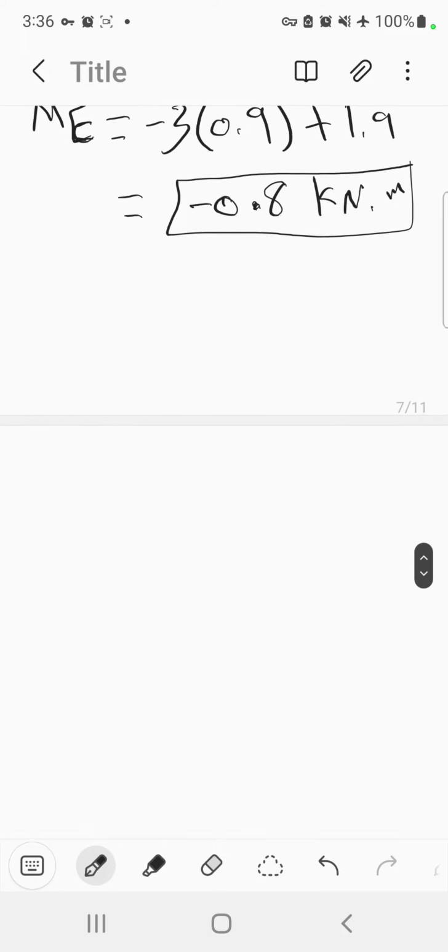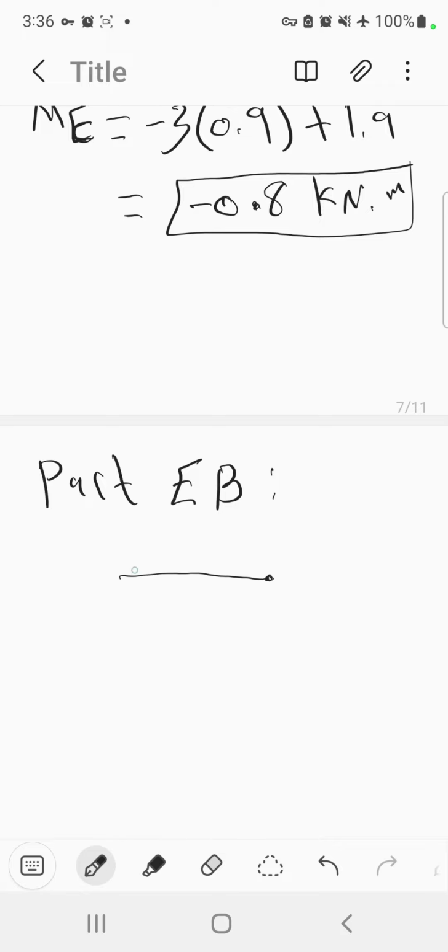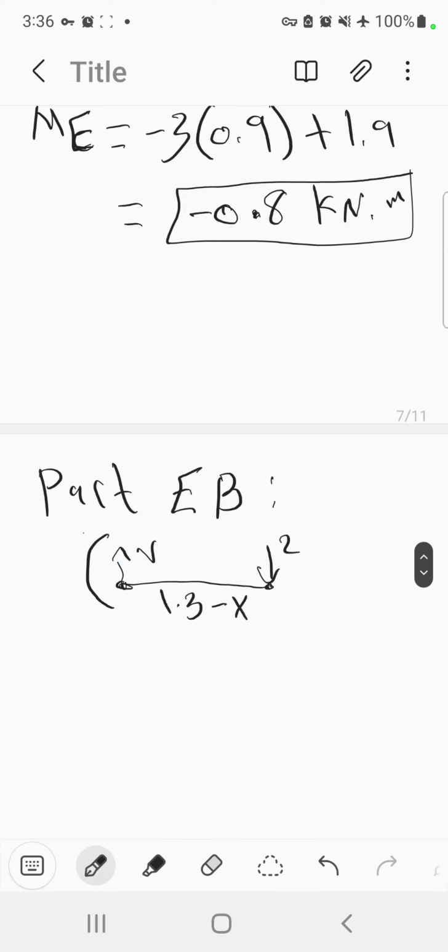And for the final part, we are going to solve for EB. Now if we draw the free body diagram for it, it's going to be like this. It's 2, and we know it's 1.3 minus x, and we need to find V, and we need to know the moment here.